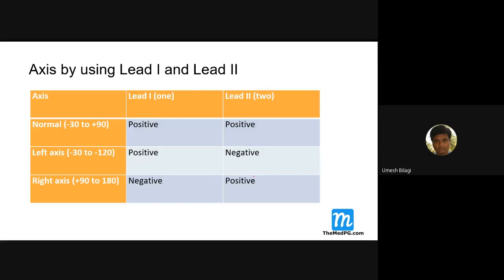If lead 2 is positive and lead 1 is negative, it is right axis. You should remember this. When you look at the axis, you should see lead 1 and lead 2. If both are positive, it is normal. Okay, that's how you calculate the axis.